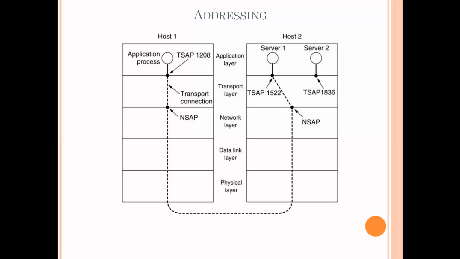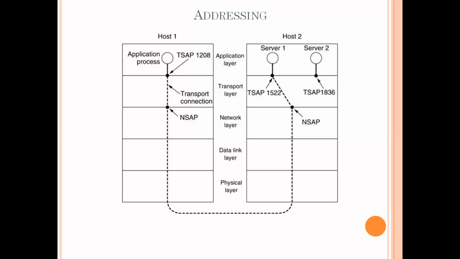Host 1 wants to receive information from server 1, so it is connected with TSAP 1522. The TSAP in host 1, 1208, is connected to the transport connection.